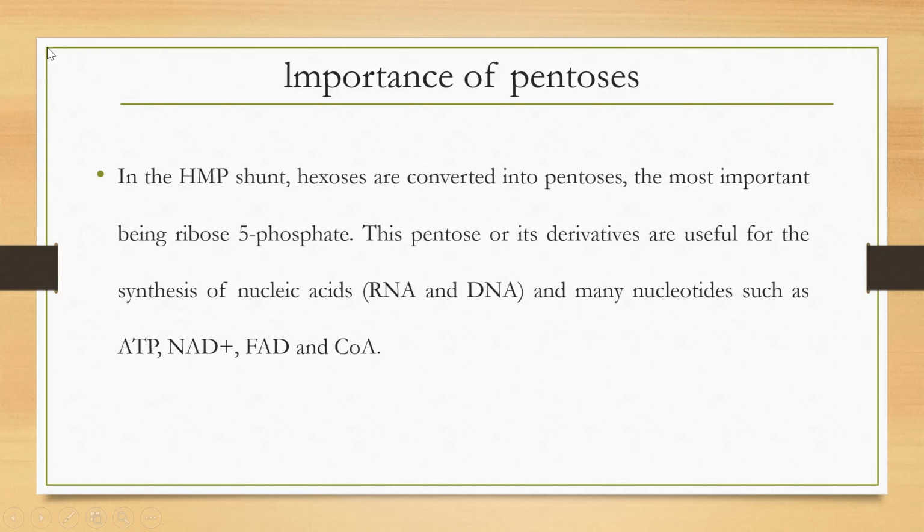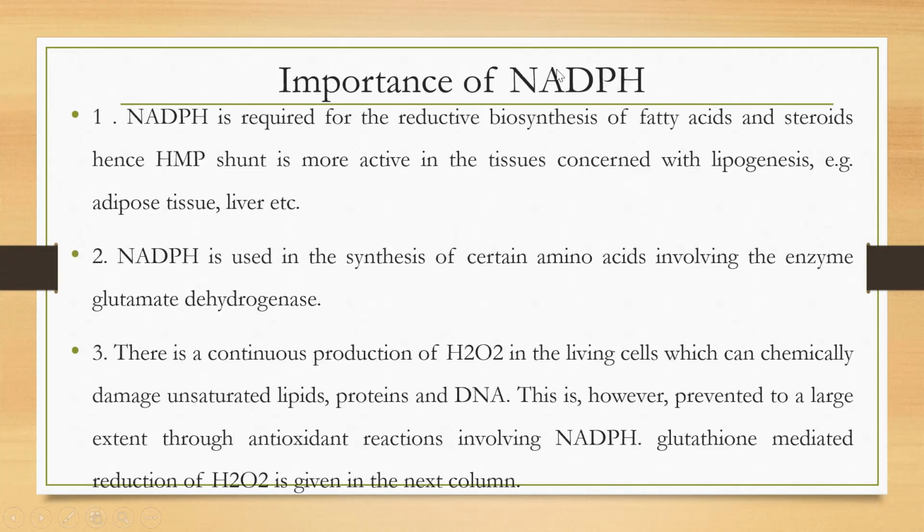Now we will see the importance of pentoses, how these pentoses formed in the pentose phosphate pathway are important. So these pentoses are useful for the synthesis of the nucleic acids, that is RNA, DNA, and many nucleotides such as ATP, NAD, FAD, coenzyme A, etc. And these NADPH molecules are important for the synthesis of fatty acids and steroids. Okay.